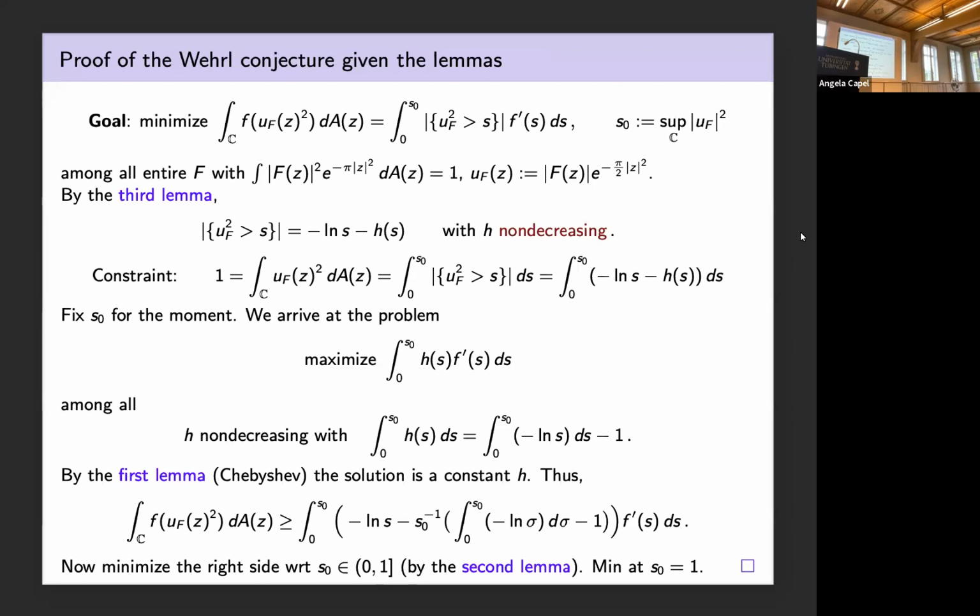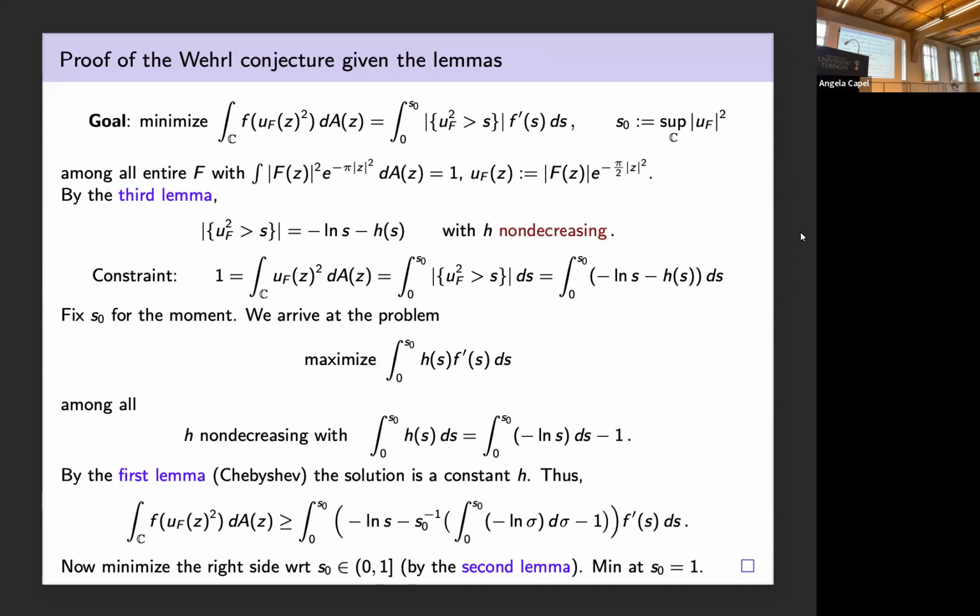Okay, but we still want to know what that constant is. And that comes from the constraint. Remember that the state was normalized, so I'm just applying this identity up here with f in the identity, and then I get a formula for the expression of h. So I know what the integral of f is. Therefore I can solve the problem: maximize the integral of the product among non-decreasing functions with a given mean value. Chebyshev tells me what the answer is. That was the simple thing.